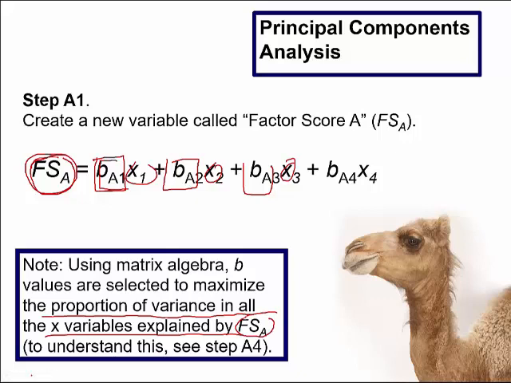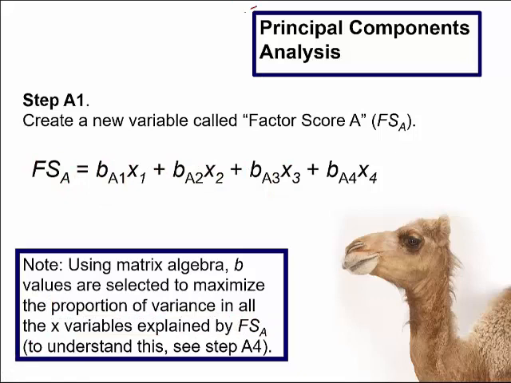And so that is essentially the method we're using to extract factors when I'm doing principal components analysis. I'm using this matrix algebra procedure to calculate a factor score so that that factor score will explain as much as possible of the variance in my individual X items.